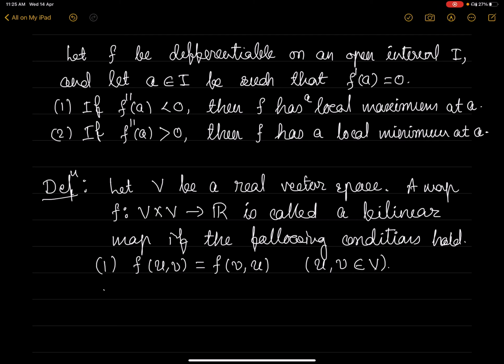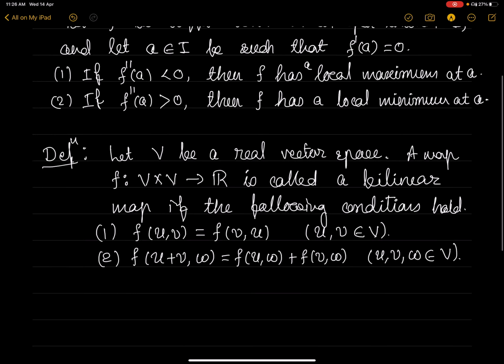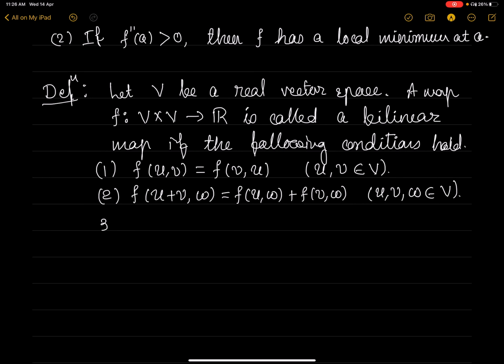Means f is symmetric. The second one is f of u plus v, w is the same as f of u w plus f of v w for all u, v, w in V. And the third condition says f of alpha u, v is the same as alpha times f of u v.